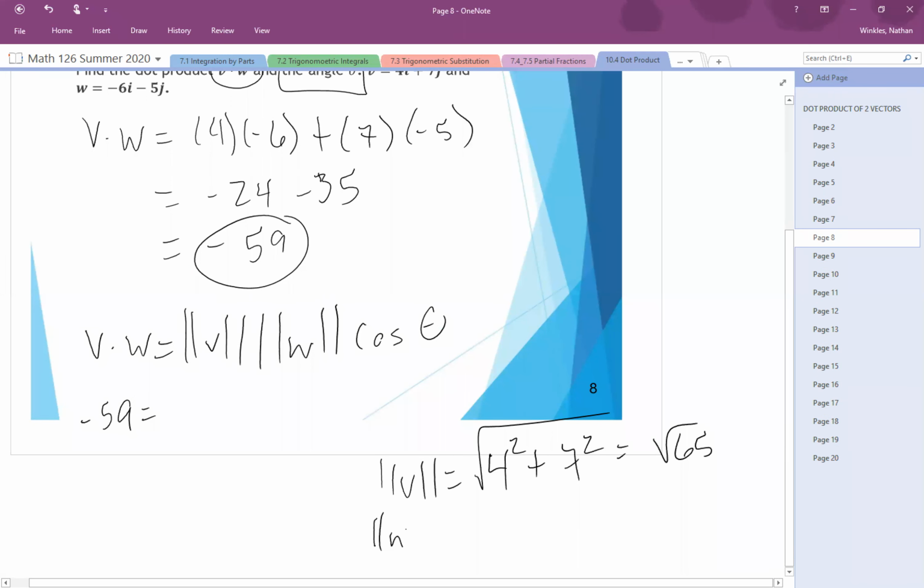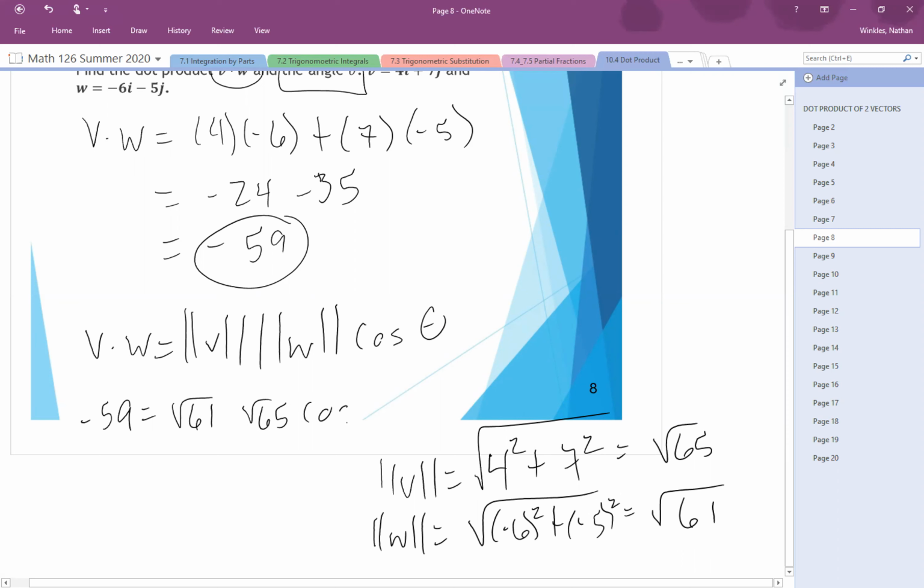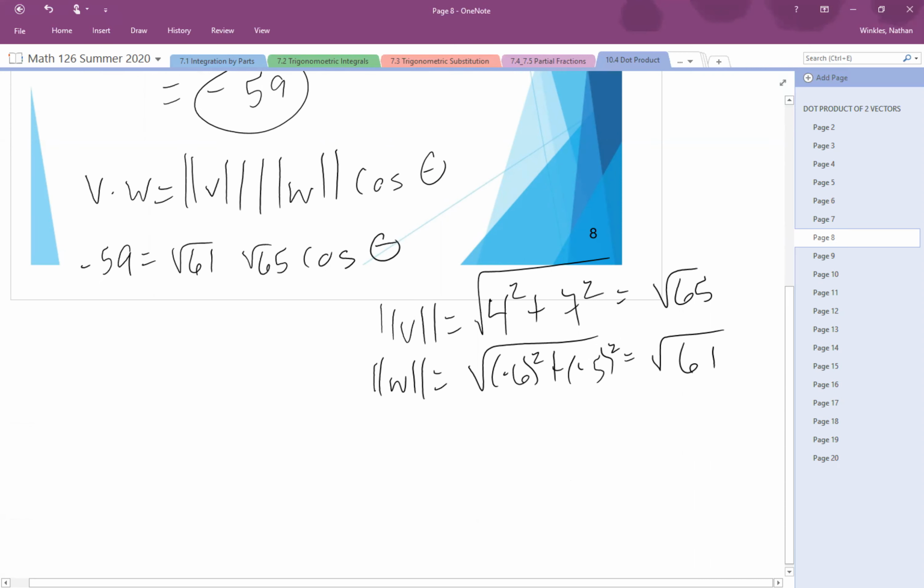The magnitude of w is the square root of -6 squared plus -5 squared, which is the square root of 61. So square root 61, square root 65, cosine theta.